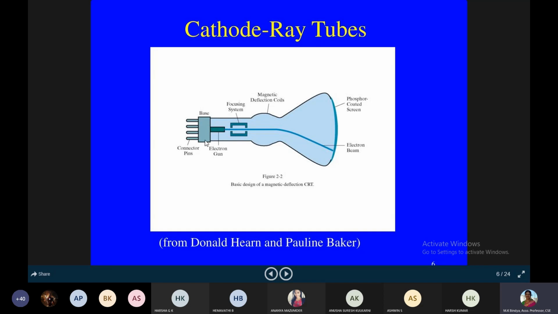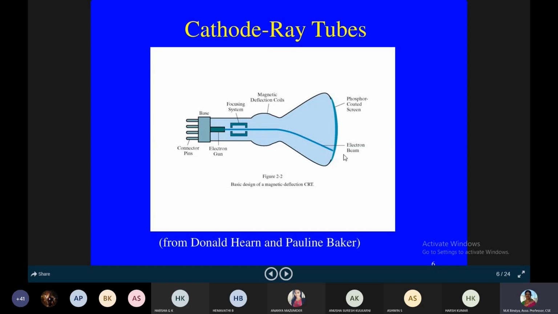That means the electron beams are generated from the electron guns and pass through the focusing system and magnetic coils. After passing through them, they will hit the phosphorus coated screen here.